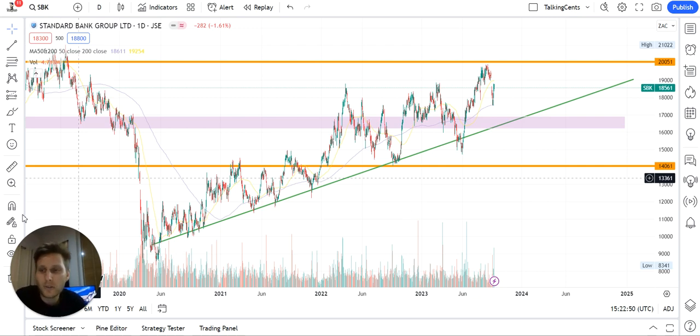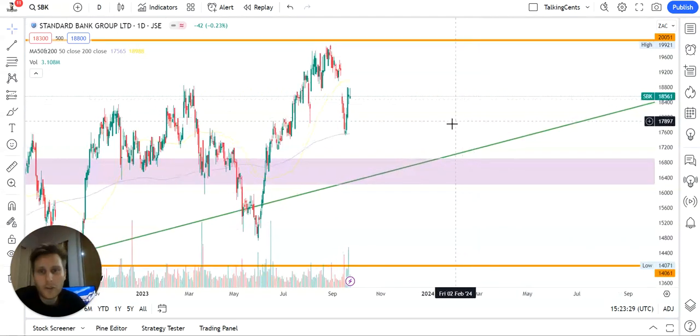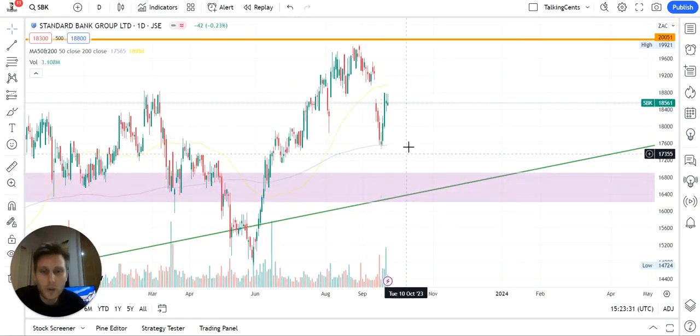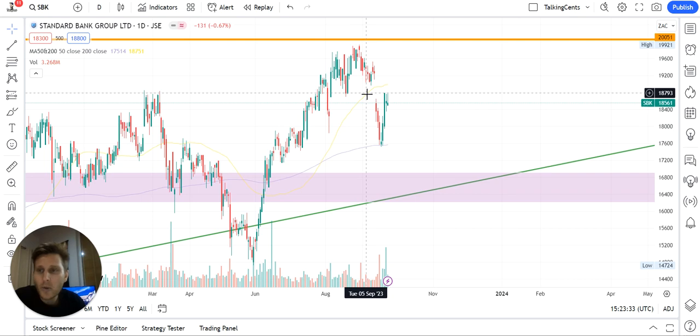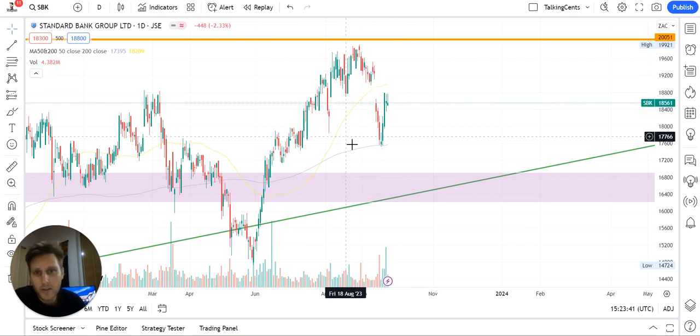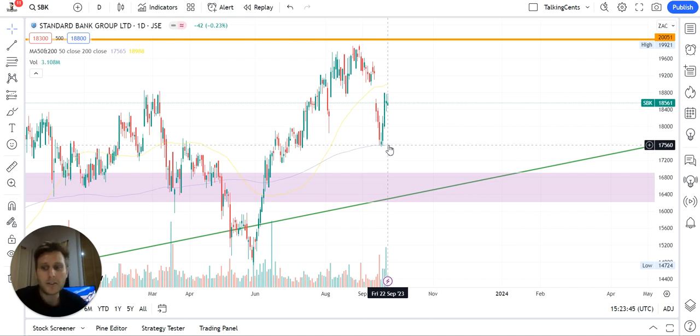Before we look at the fundamentals, I want to just zoom into the 50-day moving average and the 200-day moving average. The yellow is the 50-day and the purple is the 200-day moving averages. So we'll see that up until recently, the stock was above both the 50-day and the 200-day. Why is that important? Because I believe that shows momentum.